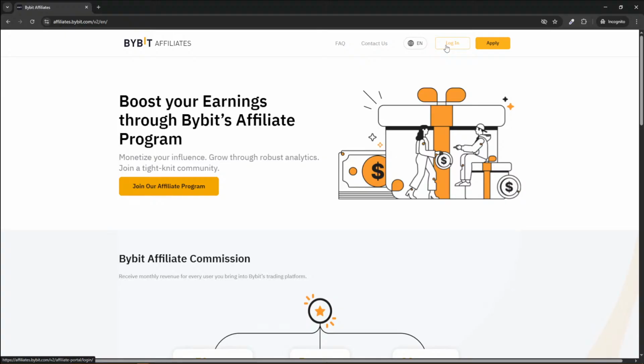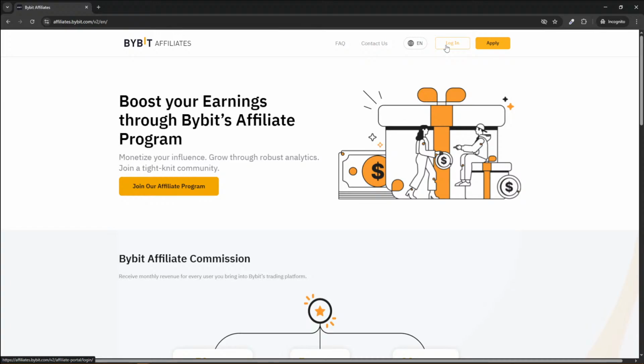So that's the ByBit affiliate program. Besides this, there's another rewards program right here, the referral program, which is just for inviting your friends and earning a certain amount, 30% commission where they are trading.